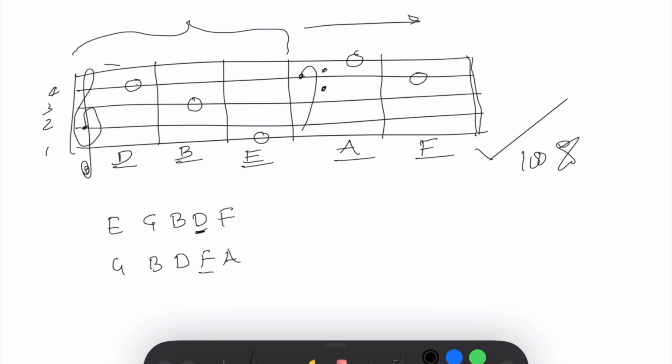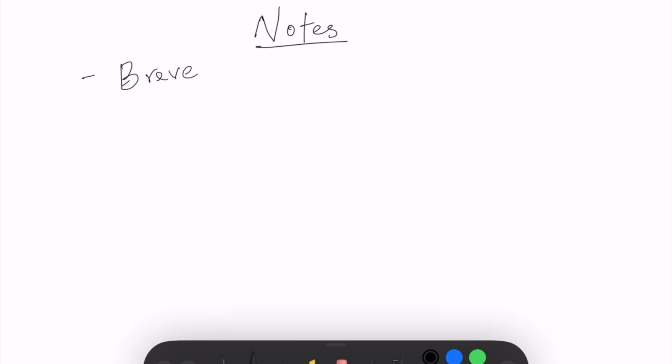Now let's move on to the notes. Musical notes. In music, we have various notes, some of which we'll be looking at right now. And one of them is called breve. Another is called semibreve, depending on how you say it.